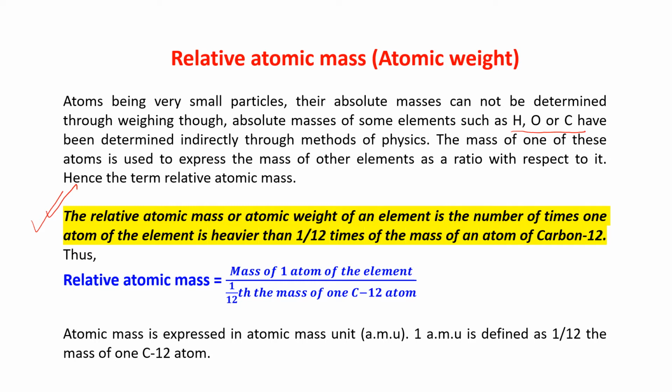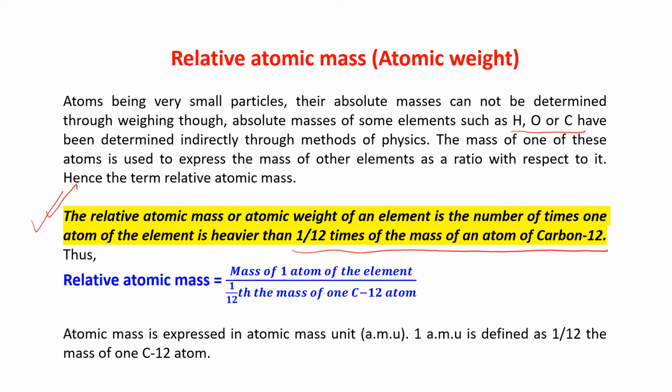The relative atomic mass or atomic weight of an element is the number of times one atom of that particular element is heavier than 1/12th the mass of an atom of carbon-12. How much heavier it is than 1/12th of the mass of an atom of carbon-12.